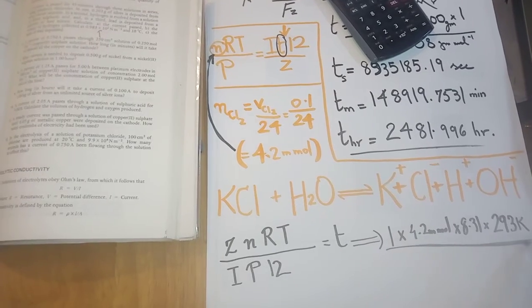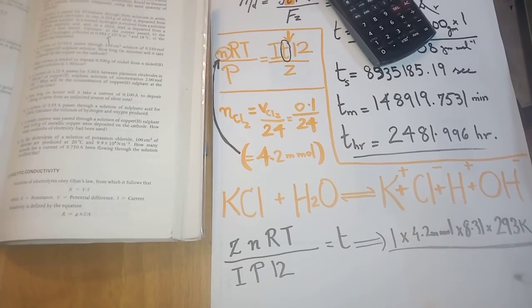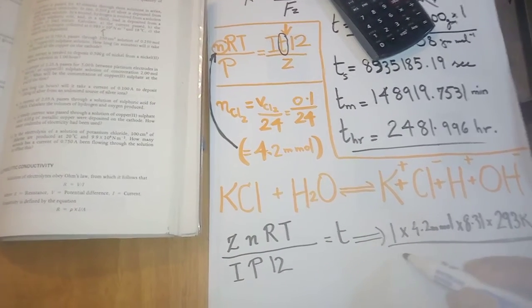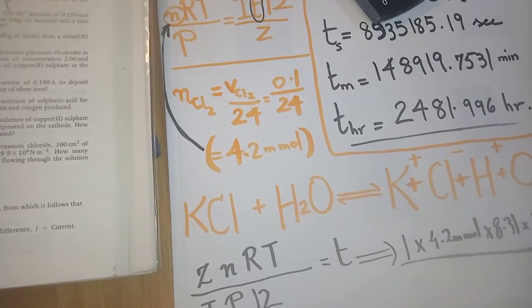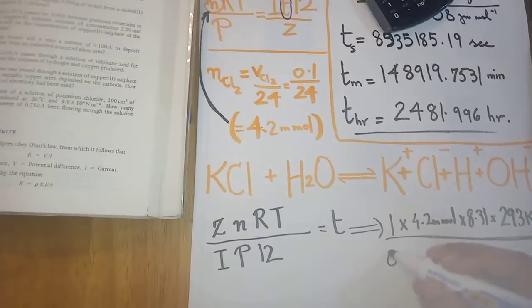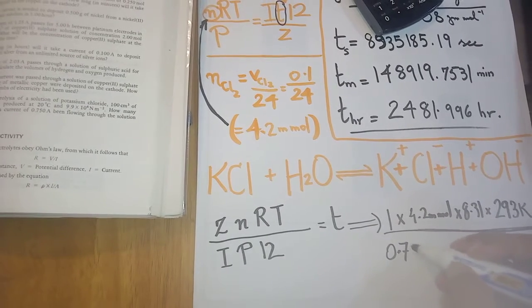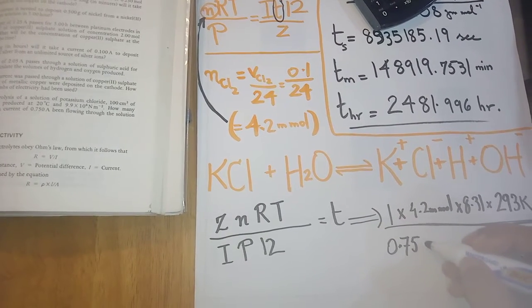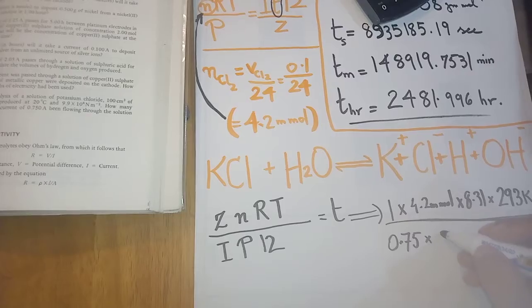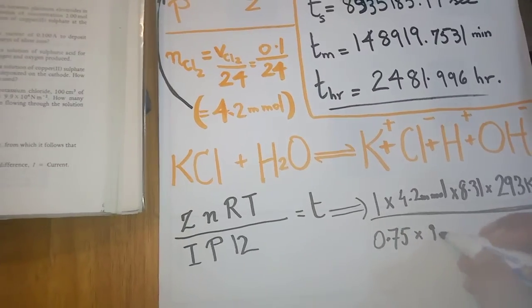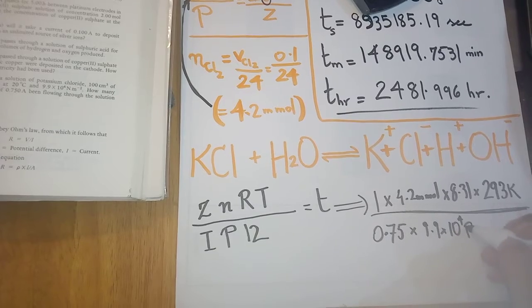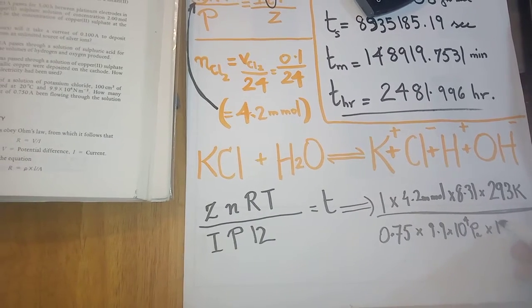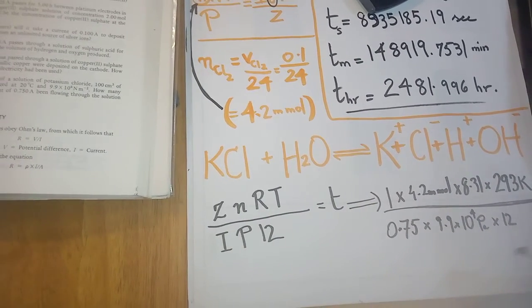One, two, three, four, divided by the current, which in this case is 0.75, times pressure, which is 9.9 times 10 to the power 4 Pascal times 12, which signifies room temperature pressure.